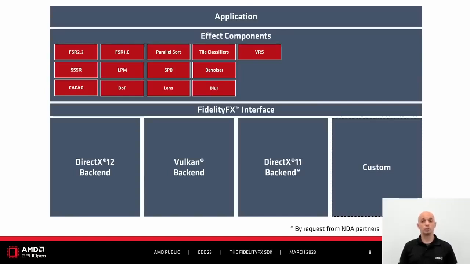The SDK will ship with a native DX12 and Vulkan backend and a custom backend example for our own graphics framework Cauldron, in order to show how custom multi-API or multi-platform backends can be implemented to support the SDK. We also have a DirectX 11 backend available for NDA partners for those games that still require legacy support. However, note that some samples cannot run on DX11 due to required hardware features or API support requirements.